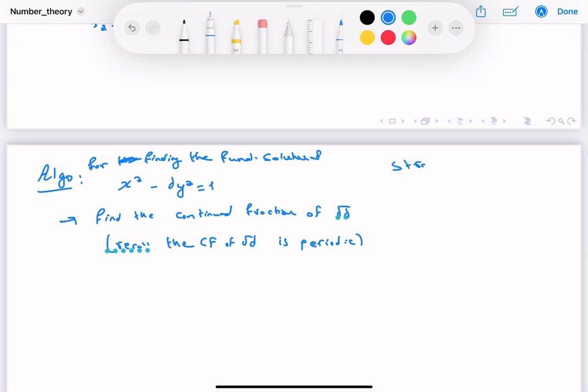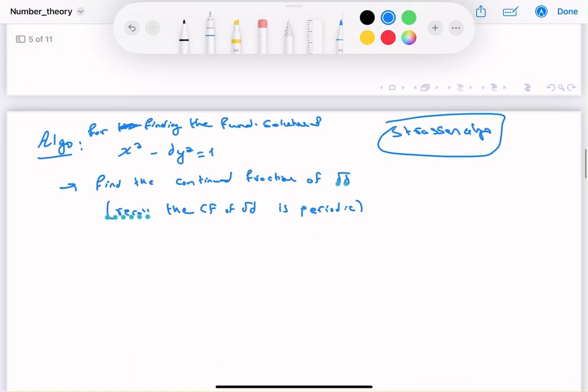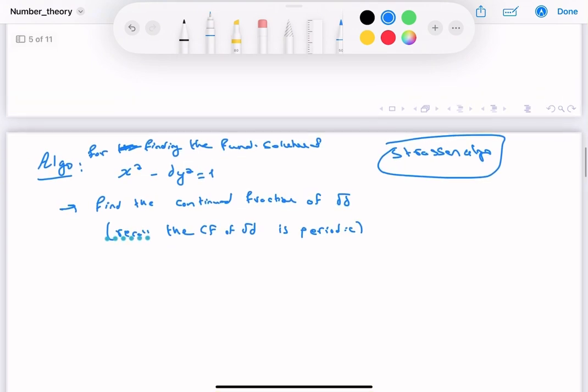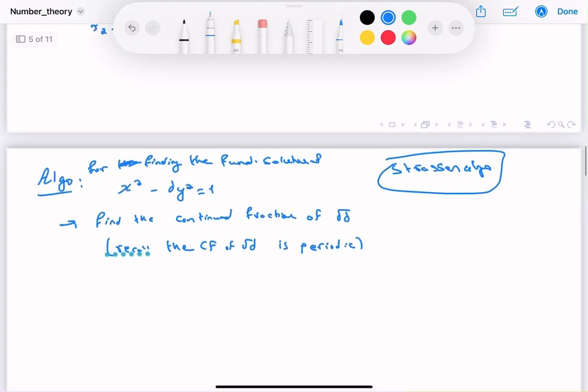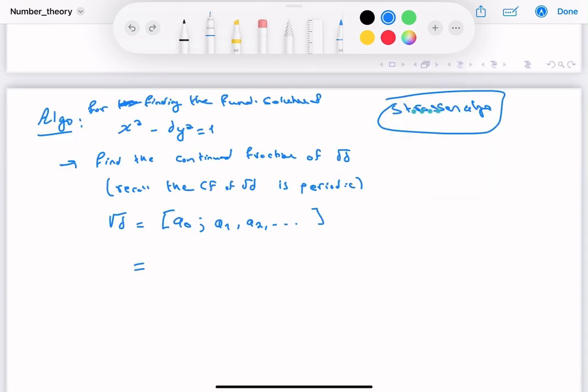The algorithm I'm writing down now is, I guess, called the Strassen algorithm. It tells you to first find the continued fraction of the square root of d, and let's say the first period of this continued fraction is written in the standard notation a0, a1, a2, and so on.